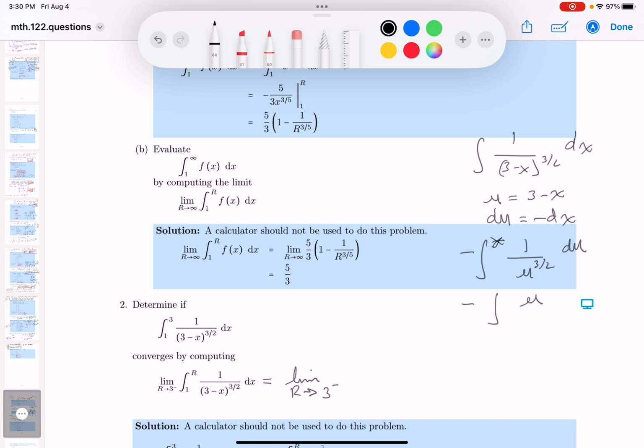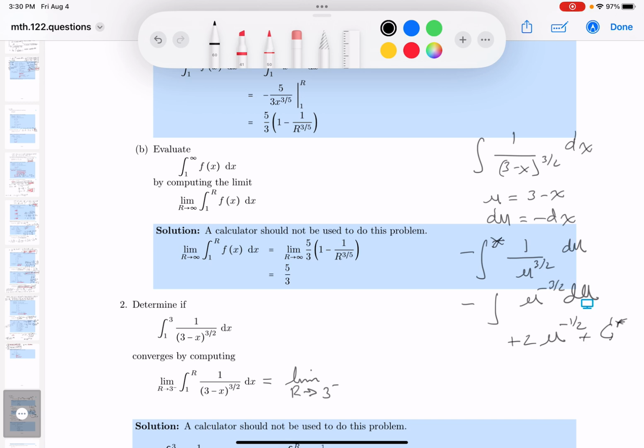That's going to be minus u to the minus 3 halves du. Integrate. What do you get? Add 1 to the exponent, and if you add 1 to minus 3 halves, what would you get? Let's see, minus 1/2. And what you're going to do is divide by that exponent minus 1/2, or multiply by its reciprocal, which is minus 2. Make it plus 2, plus some constant of integration.